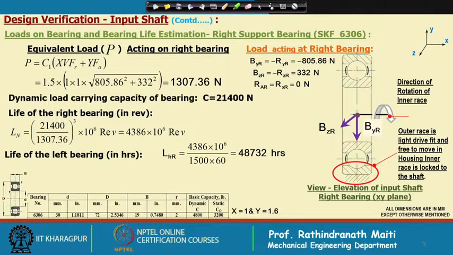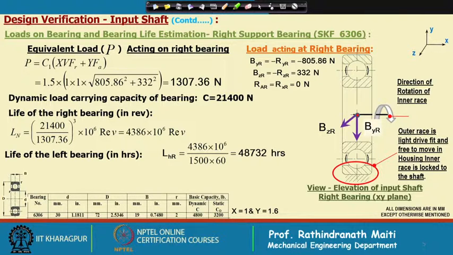So, life in number of revolutions is nothing but (C by P) to the power of the factor epsilon. In this case it is 3, as it is a ball bearing, multiplied by million revolutions. So, that becomes for this case 4386 into 10 to the power 6 revolutions.